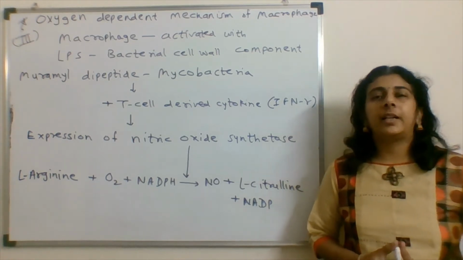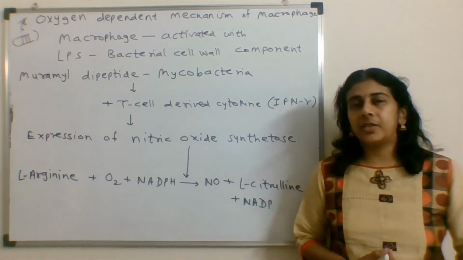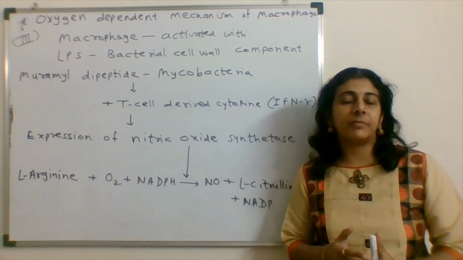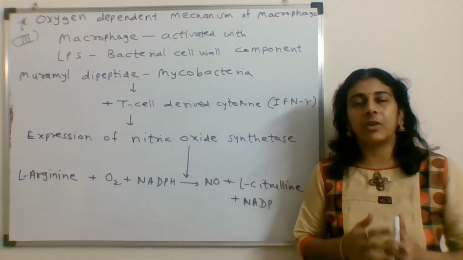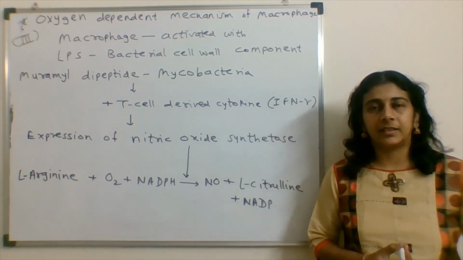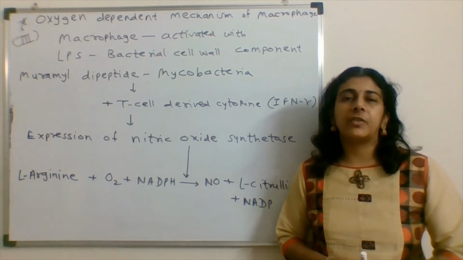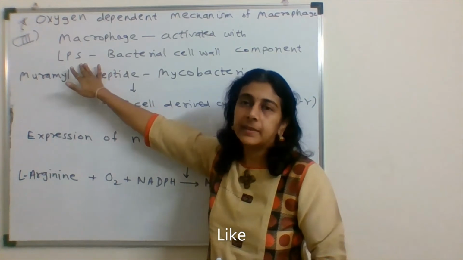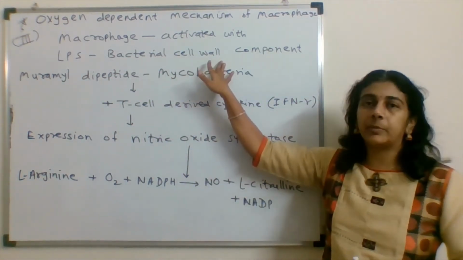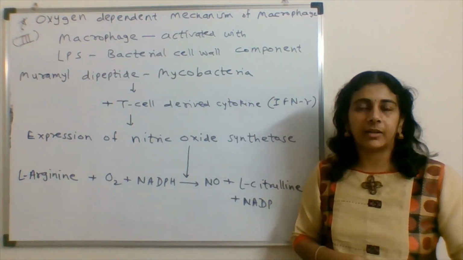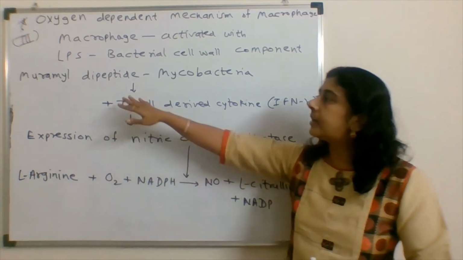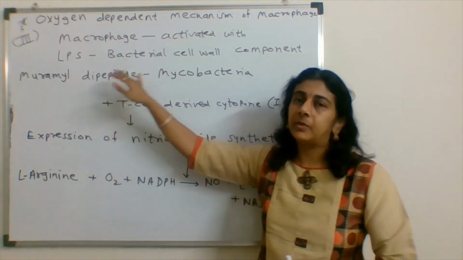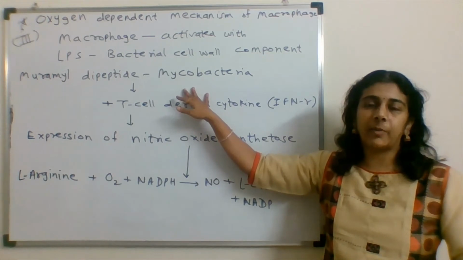The third way of antimicrobial activity of macrophages includes activation of the macrophage by some cell wall component of the bacteria. In case of normal bacteria, it may be lipopolysaccharide, LPS, a bacterial cell wall component, which may activate the macrophage, or muramyl dipeptide, which is from mycobacterium.